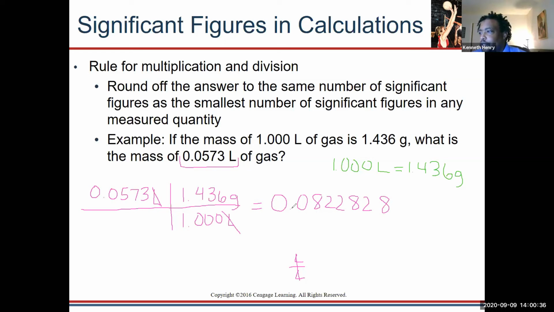Okay, so how many sig figs do we have for that first number? Here, we have 3 sig figs. What about here? 4.